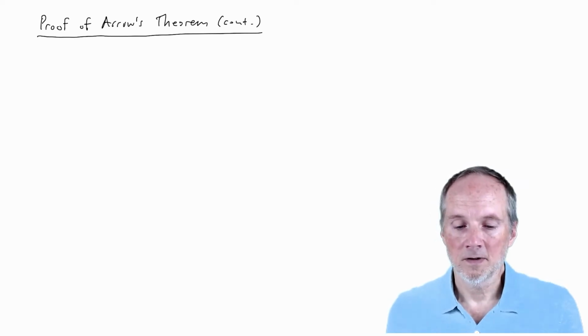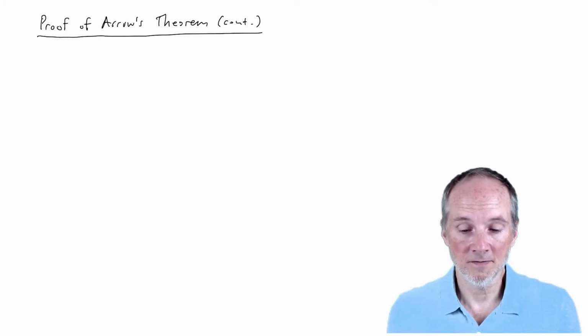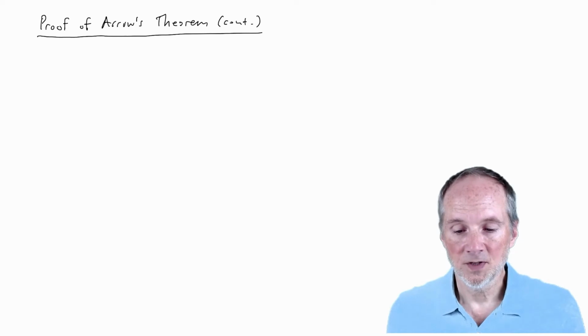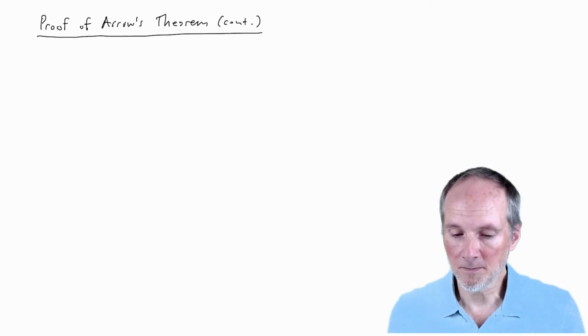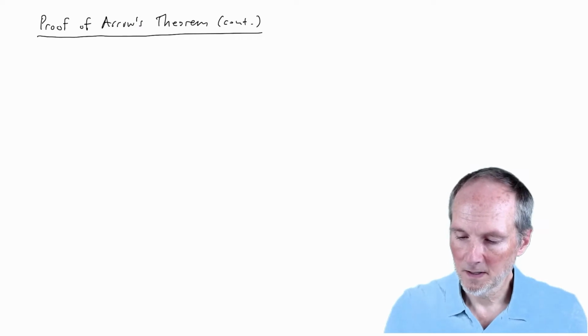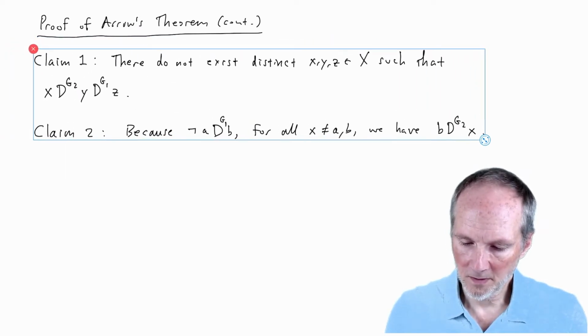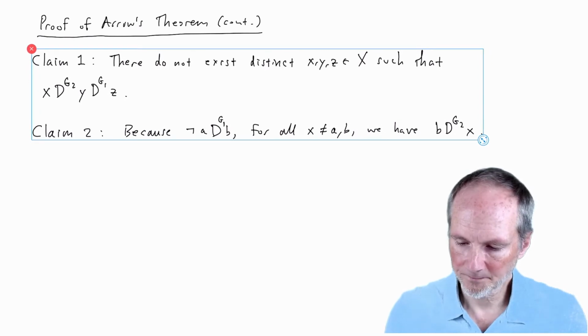In particular, if we call them G1 and G2, that means there's some A and B that G1 is not decisive for, not decisive for A over B. And we've been tracing the implications of that. So far, we've done two claims, which are reproduced here.